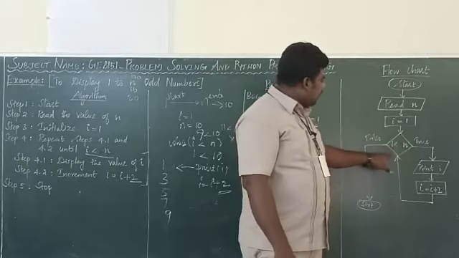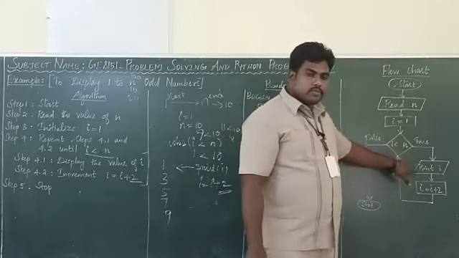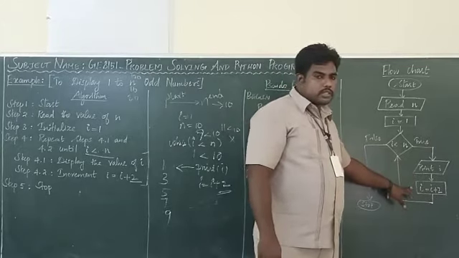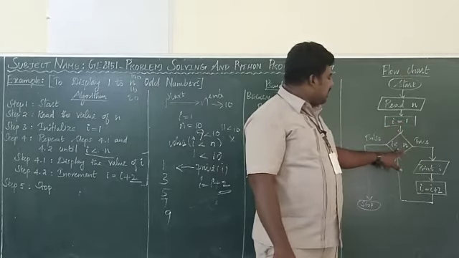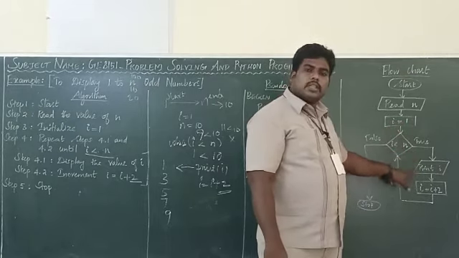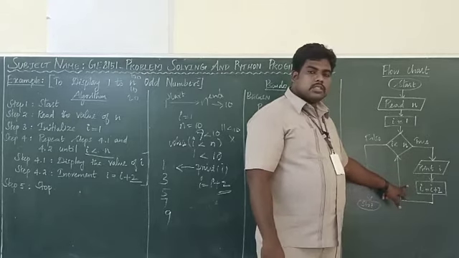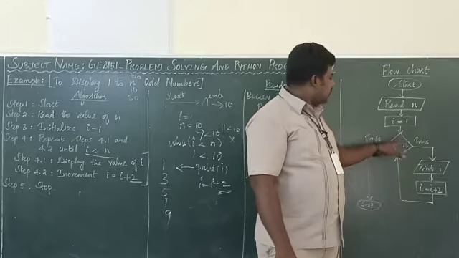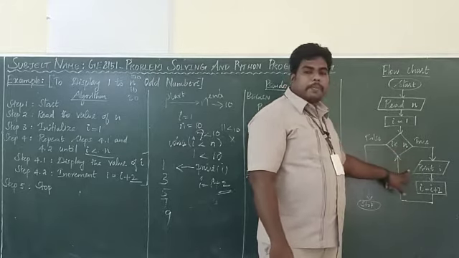If the condition is true, first it will print the I value. Again increment, again it will check. Now the I value is 3. 3 less than n, condition is true. It will print 3. Again increment, 3 plus 2, 5. It will check the condition. 5 is less than 10, condition true. It will print 5.